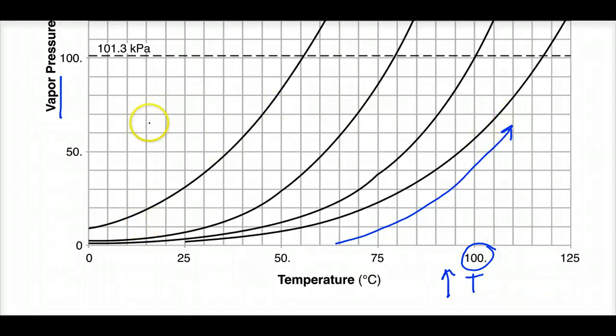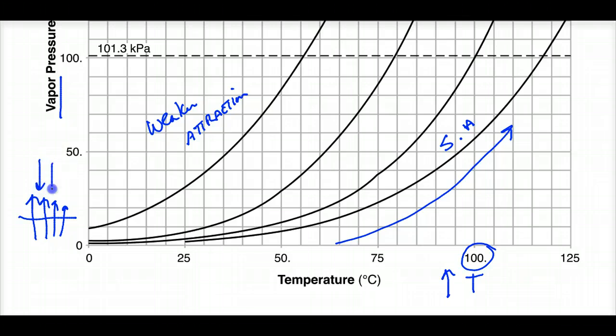Now some liquids evaporate much faster than others. Why? Well, the ones that evaporate faster have weaker attractive forces, and you should know this is an important core concept. The ones that don't evaporate as fast have stronger attractive forces, like they resist evaporation. The boiling point is when the pressure upward from a liquid equals the pressure pushing down from the atmosphere.